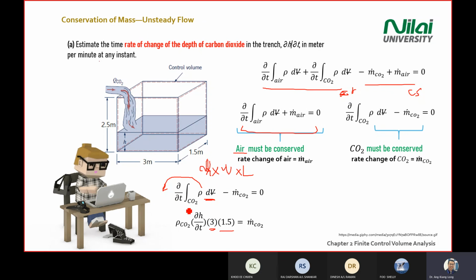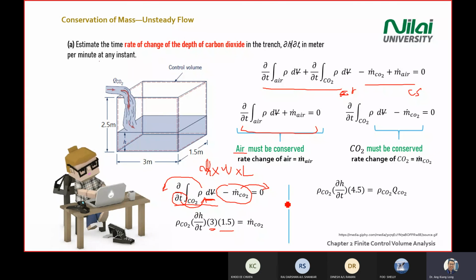And then you simplify the equation that you have. You have dH over dt because you put the dt inside here. Then you pull the negative m dot CO2 to the right hand side, you get a positive value. Next, you expand your equation for m dot.